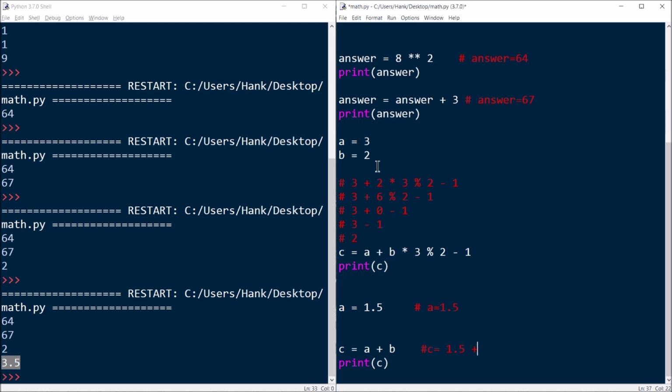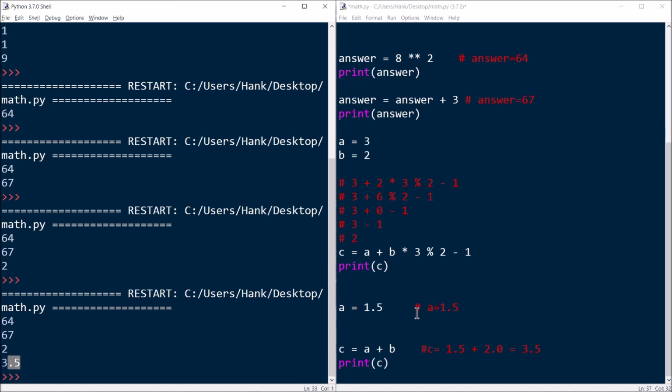What's B? B didn't change, right? So we're adding 1.5 plus 2. Now remember, with mixed types, that 2 gets treated as if it were 2.0, so that way float plus float equals float. So the answer, if you add 1.5 and 2.0 together, is 3.5. Then that 3.5 was assigned to C, replacing the 2 that was in C. And so when we print C, we see the 3.5 here.